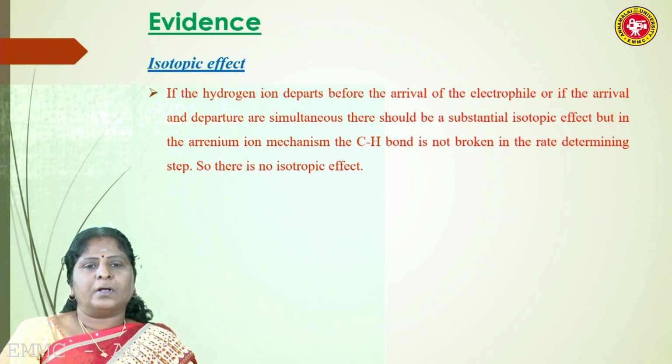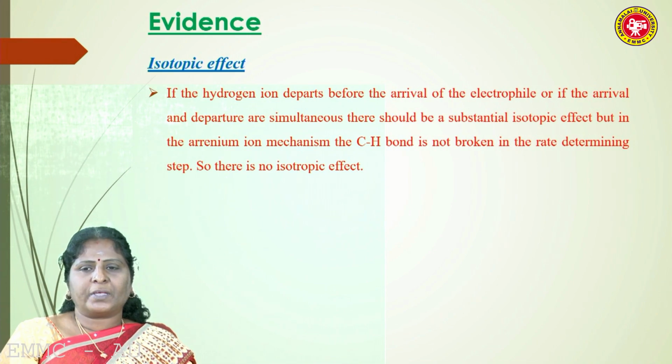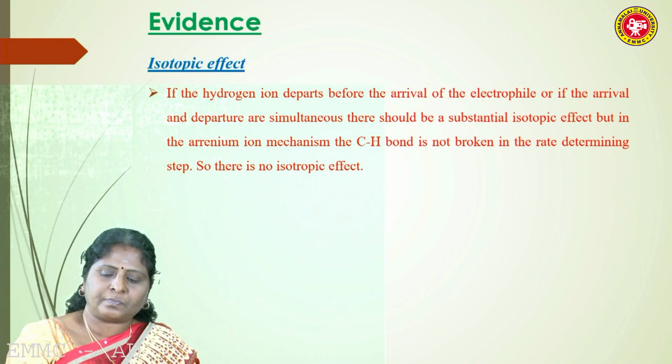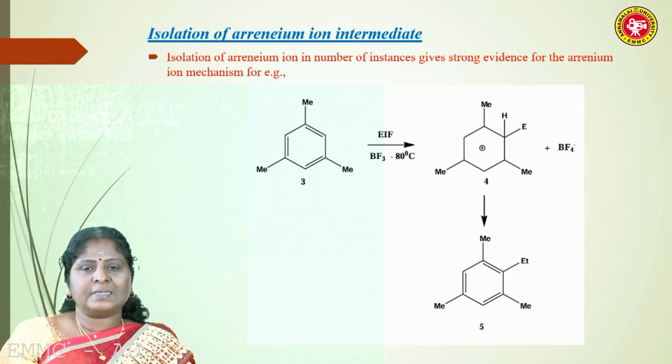Evidence for the arenium ion mechanism: if the hydrogen ion departs before the arrival of the electrophile, or if the arrival and departure are simultaneous, there should be a substantial isotope effect. But in the arenium ion mechanism, the C-H bond is not being broken in the rate determining step, so there is no net isotope effect. Isolation of the arenium ion intermediate is another evidence for the arenium ion mechanism.